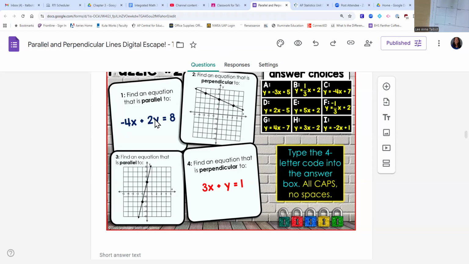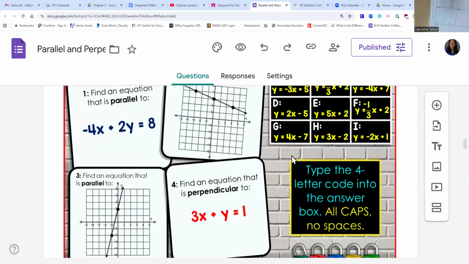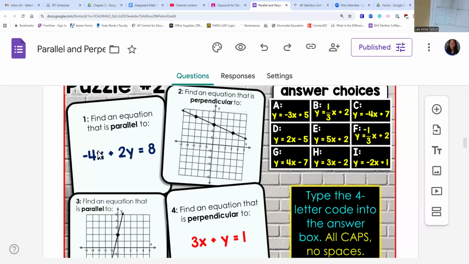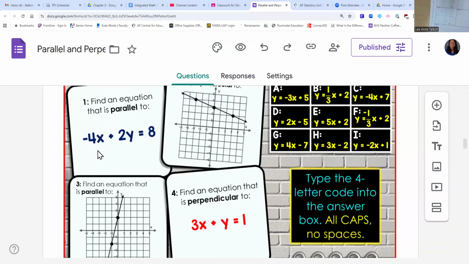And on number 1 and 4, what they want you to do is find the X and Y intercepts, but I think there's an easier way. So write down these equations in your, this is puzzle 3. No, I lied and I just put marks in my puzzle. It's fine, it's fine. Puzzle 2, not 3.